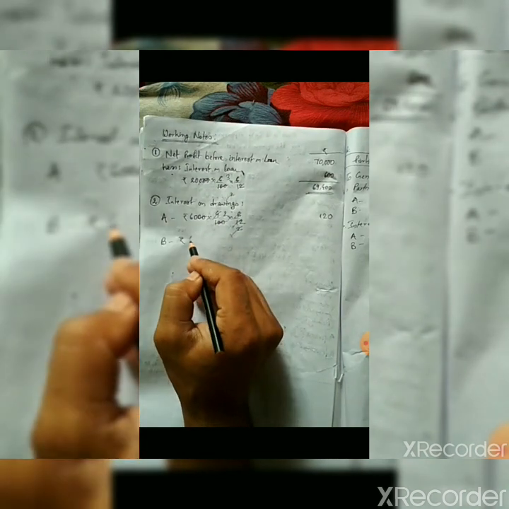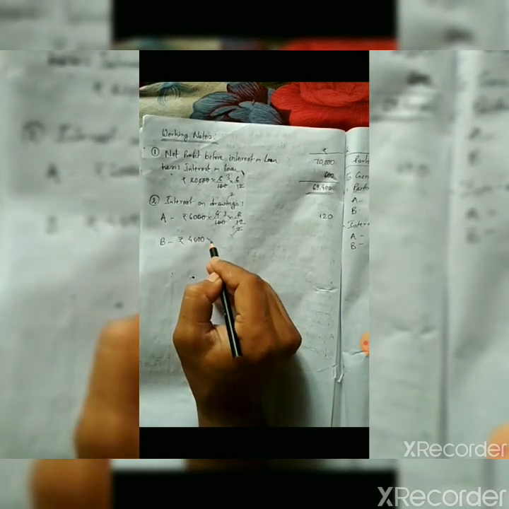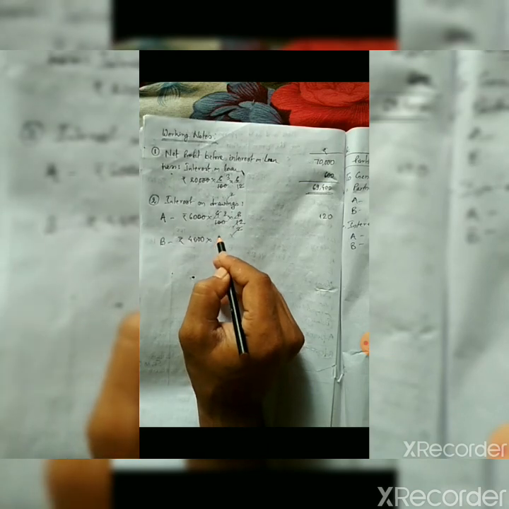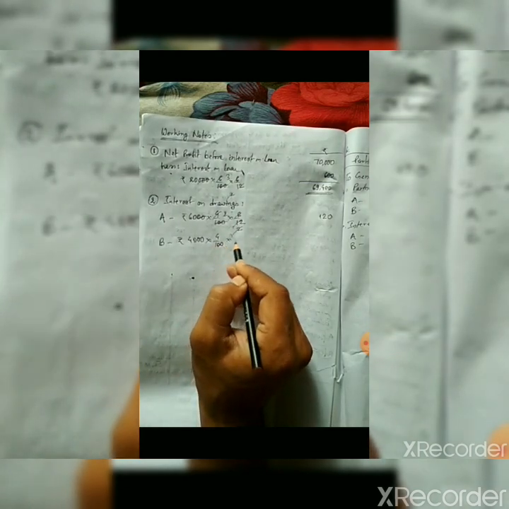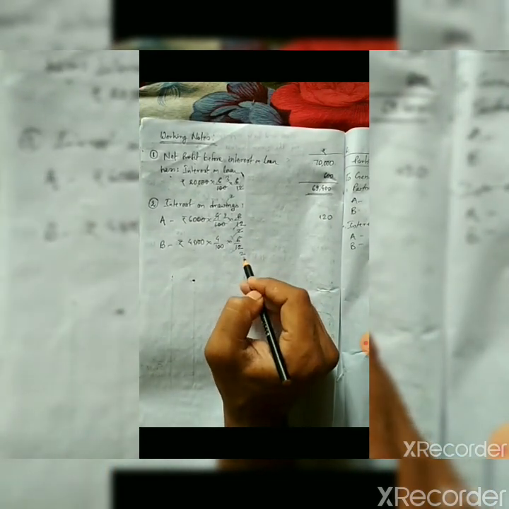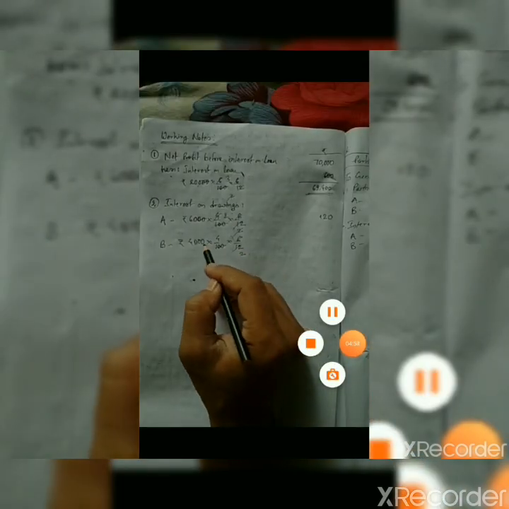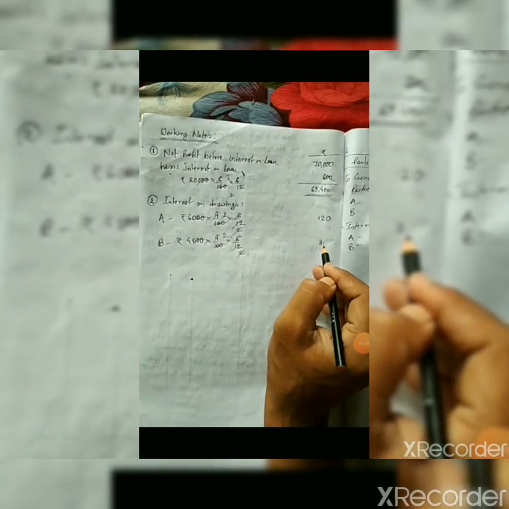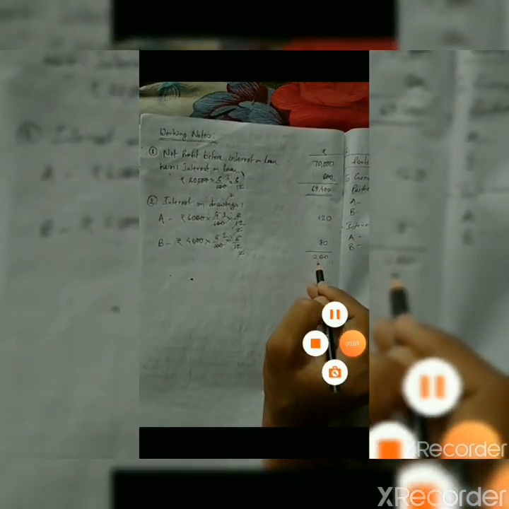In case of B, he had drawn rupees 4,000, so 4,000 into 4 by 100 into 6 by 12. So by calculating all this you will get rupees 80. Now one thing you have to write is the assumption. It was assumed that drawings were made in the middle of the year, so only 6 months interest was charged on an average.